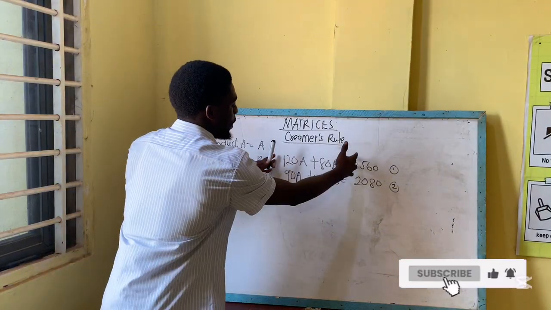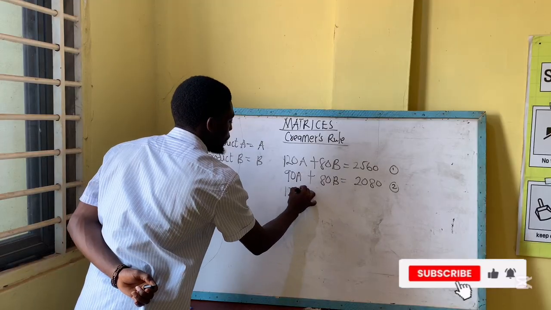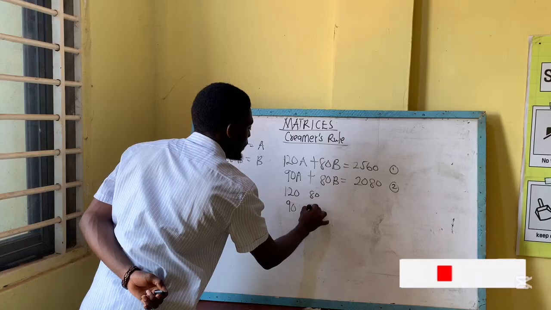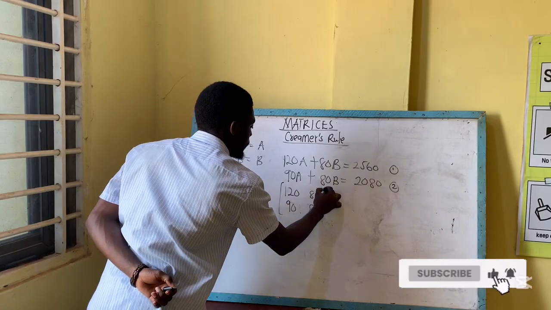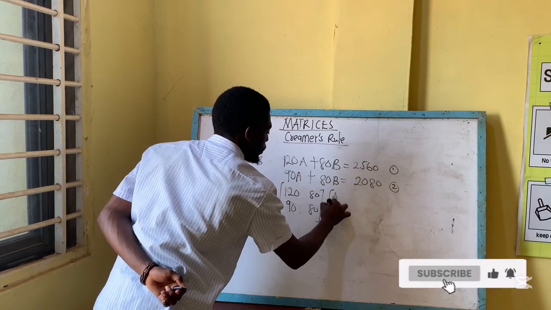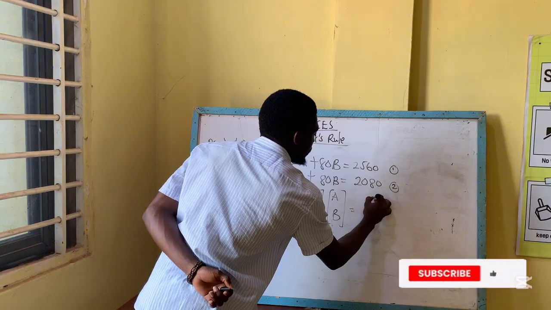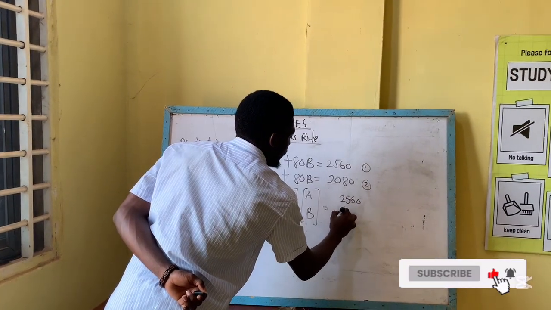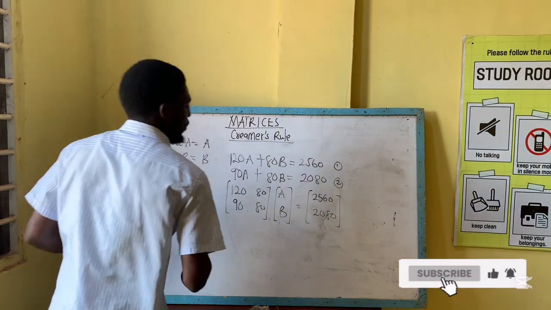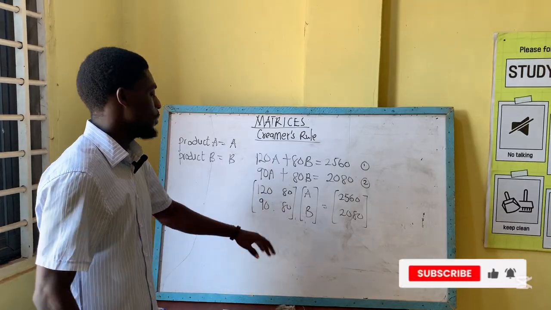So if you are to represent this whole thing in a matrix form, we are going to have 120, 80, 90 and 80 again. Then we multiply it by our variables, which is A and B, which gives us a total market value of $2,560 and $2,080. Now we have represented this equation in a matrix form.